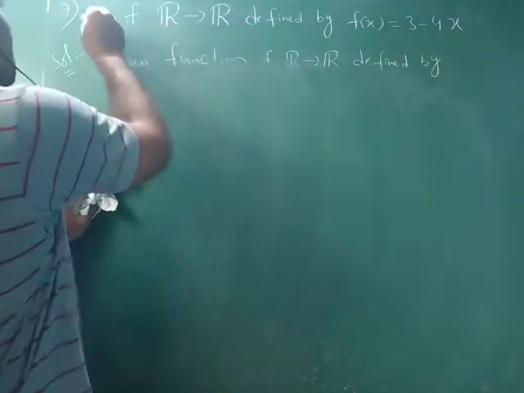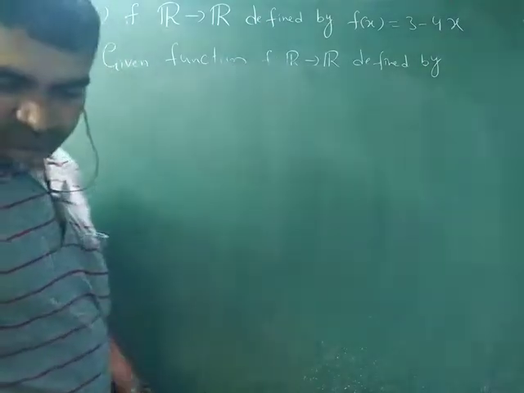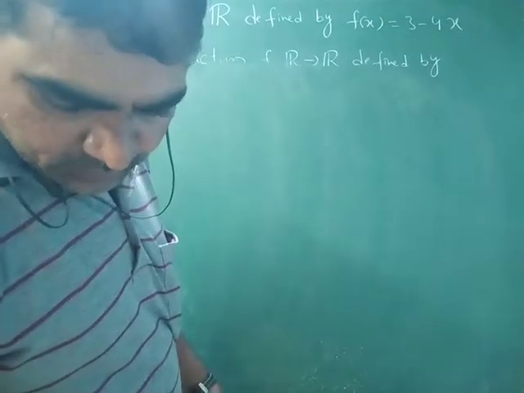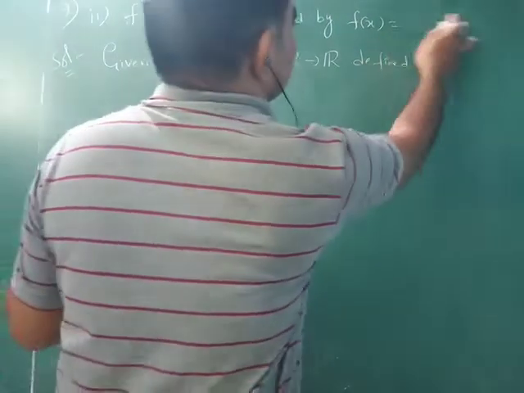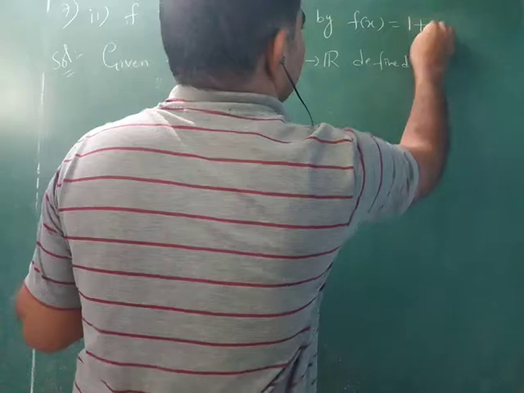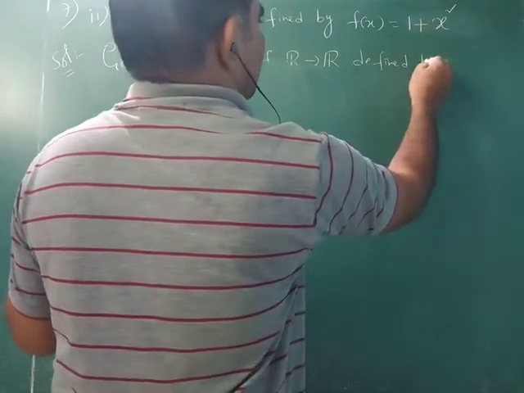Now see the second one. F from R to R defined by f of x equal to 1 plus x square.